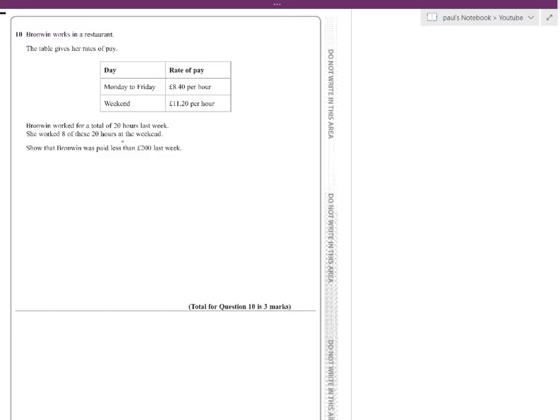Well, 8 at the weekend, so it's 8 times £11.20. And the other 12 must have been during the week, so £8.40. Add those two together and we see whether we get less than £200.